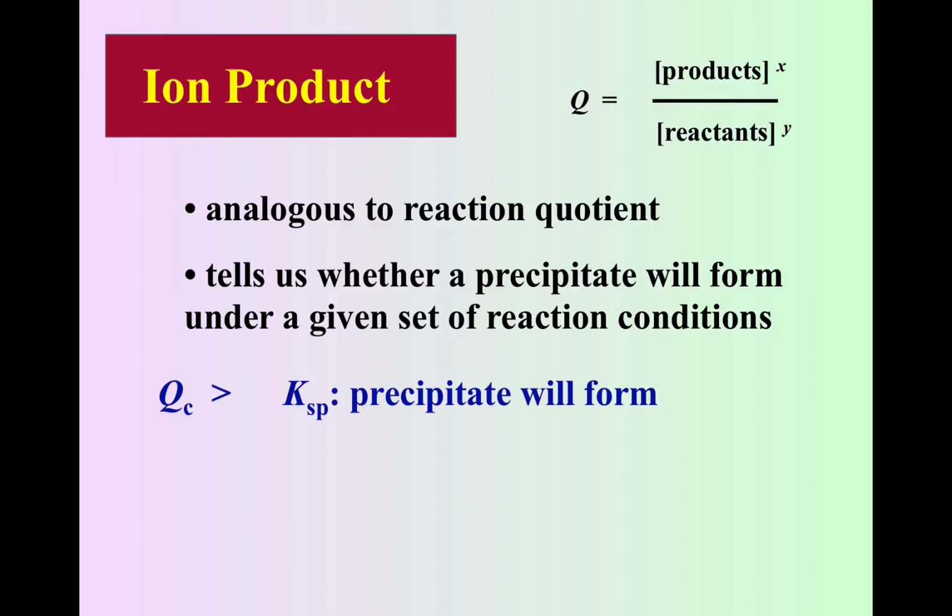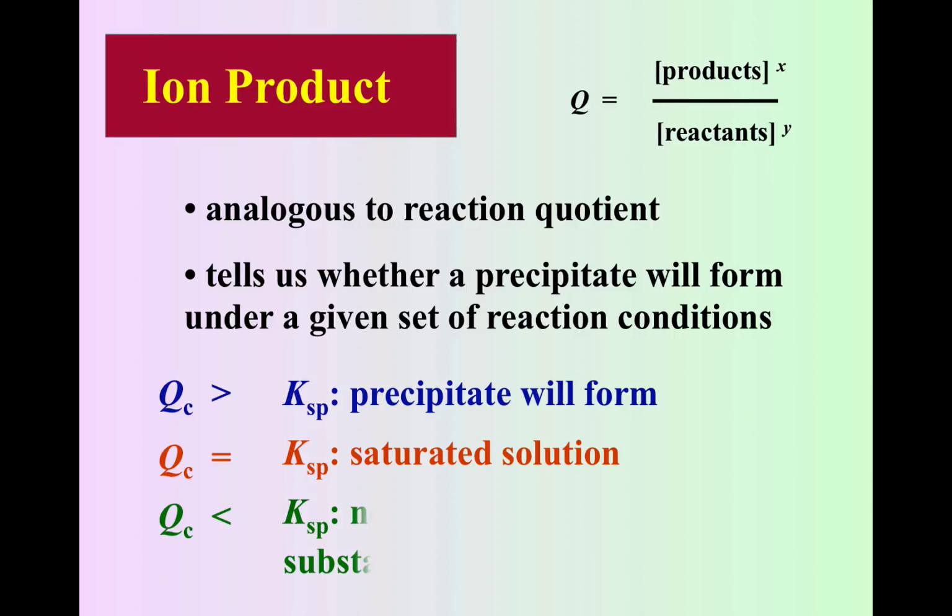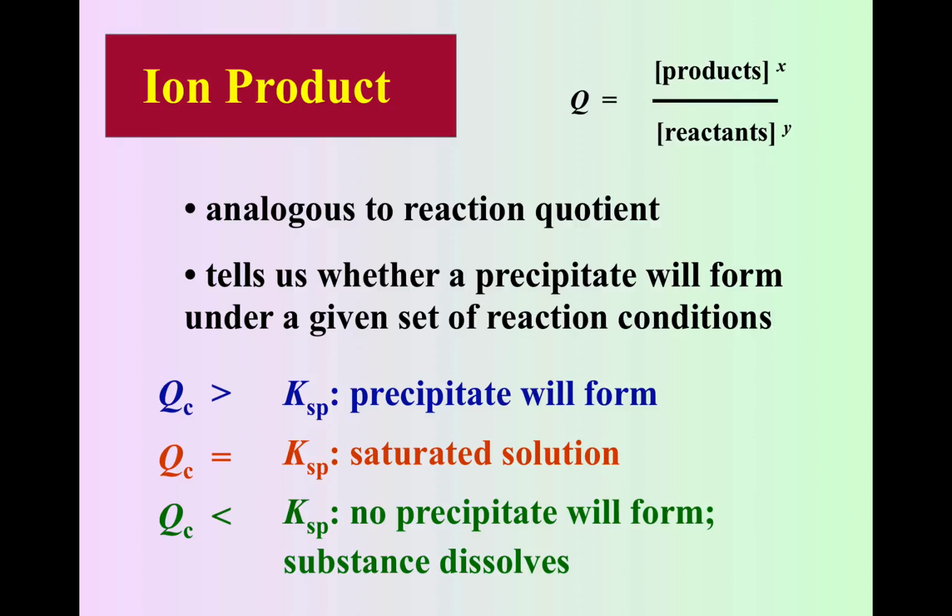If Q is greater than K, you're going to have a precipitate form. You've got more ions in the solution than the solution can hold. If Q is equal to K, you have a saturated solution and you're just on the cusp of precipitating. And if Q is less than K, then you're not at the precipitation point yet. You haven't added enough solid to have it start dropping out.